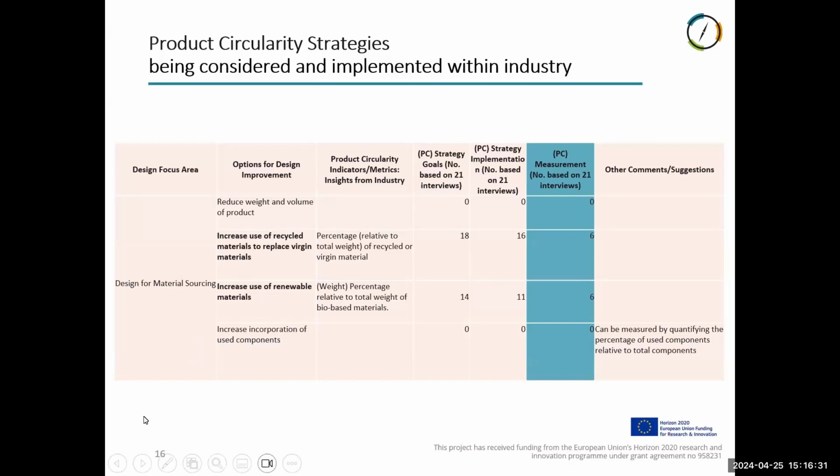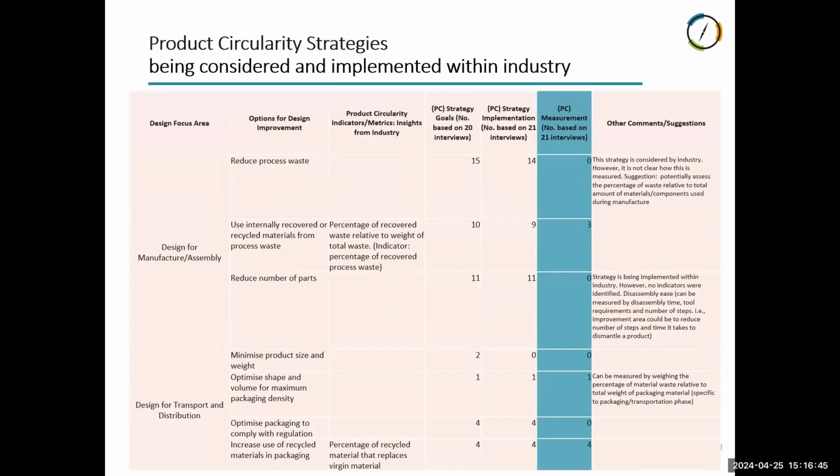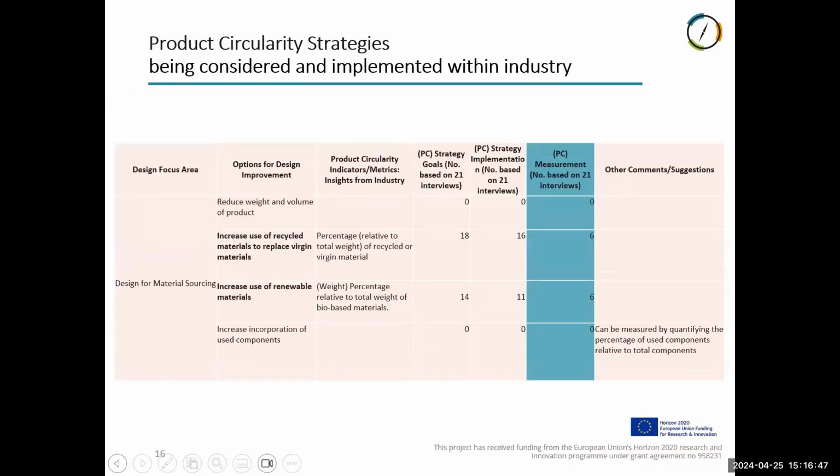So in the first column, related to product circularity strategy goals, we can see that 18 from the 21 interviewees had these within their strategies. And then in terms of implementation, 16 of the interviewed companies were already implementing this as a product circularity strategy.